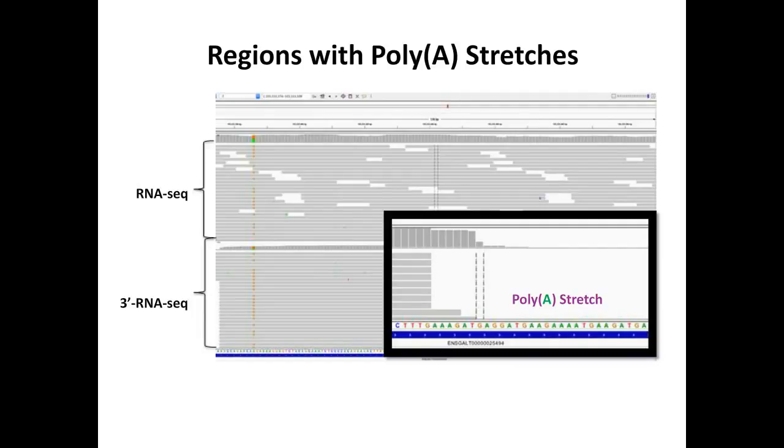This comes from the fact that the technology, as you remember from my previous slide, when we amplify mRNA, we use a primer with a poly-T tail, which attaches to the poly-A tail of the mRNA. But that poly-A tail is added after transcription. It is not a poly-A tail within the gene. But here we have a stretch which is within the gene. It is coming from DNA. It is not the poly-A tail that was added after transcription.